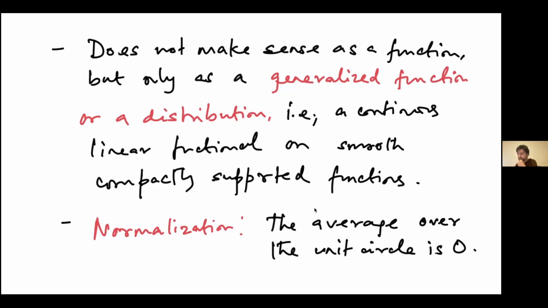And the precise form of the covariance that I presented in the last slide is because, to make sense of this whole plane GFF, you have to normalize in some way, and the convention that we will follow in this talk is that you simply make the average of this Gaussian process on the unit circle 0.